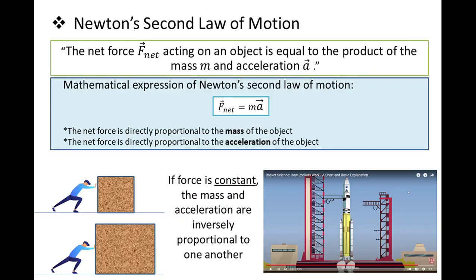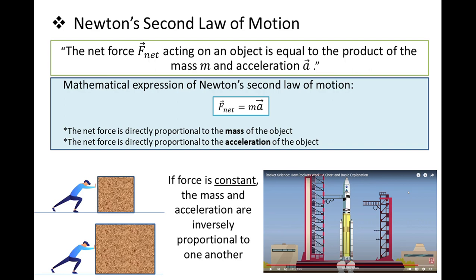And that leads us to Newton's second law, which states that the net force is equal to the product of the mass and acceleration. So if the acceleration is constant and we increase the mass of the object, the net force will increase. In other words, the net force is proportional to the mass of the object.